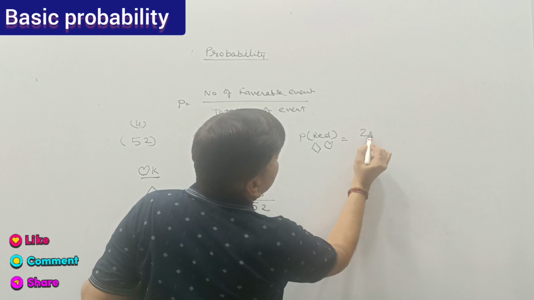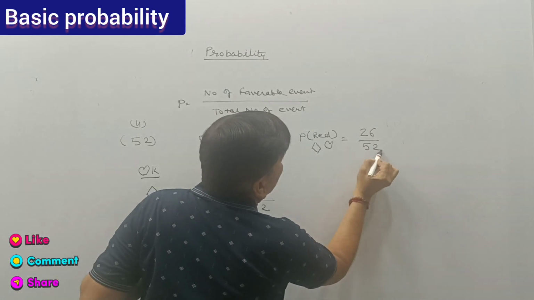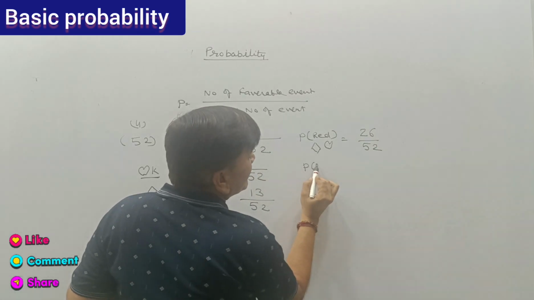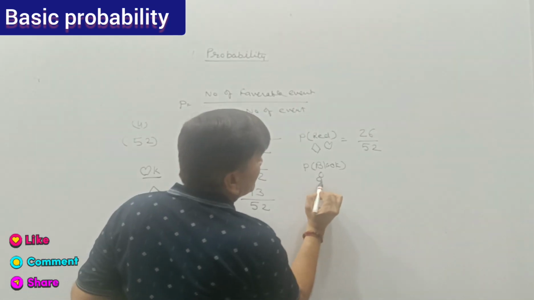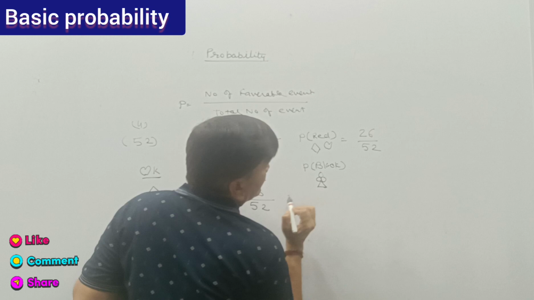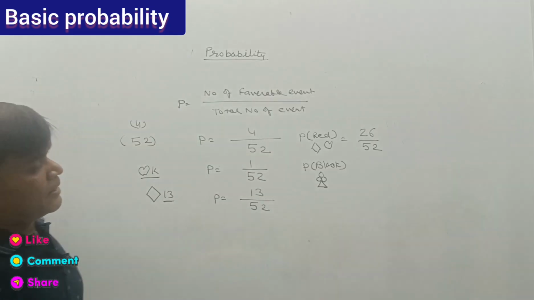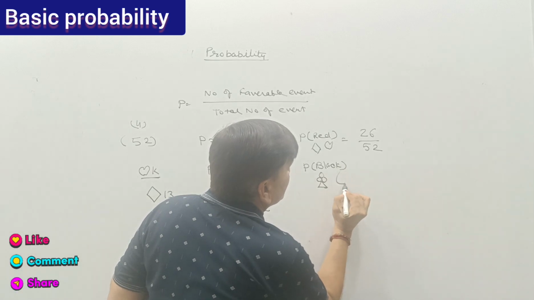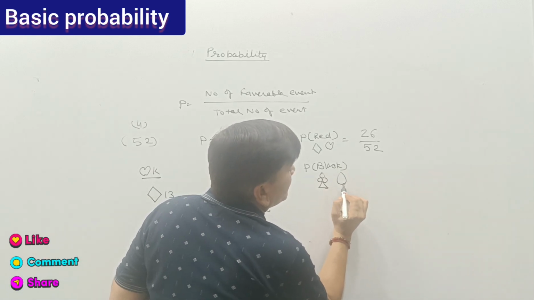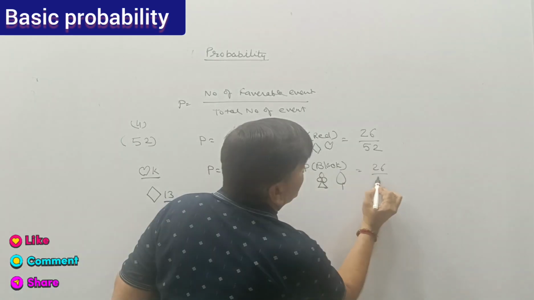So 26 are red cards, and the total cards are 52. If they ask for a black card, black cards are spade and club. Both are black. So that is also 26 upon 52.